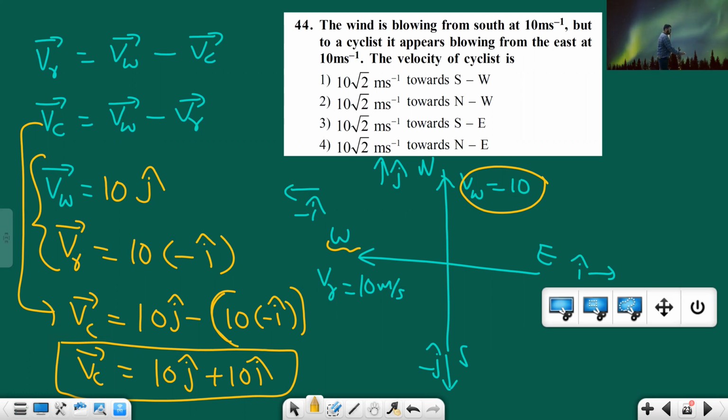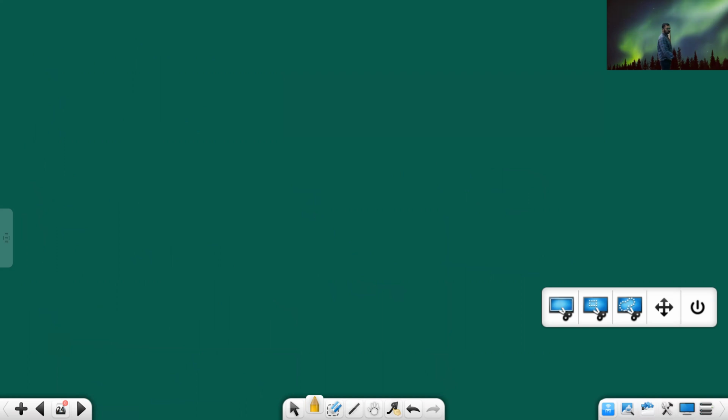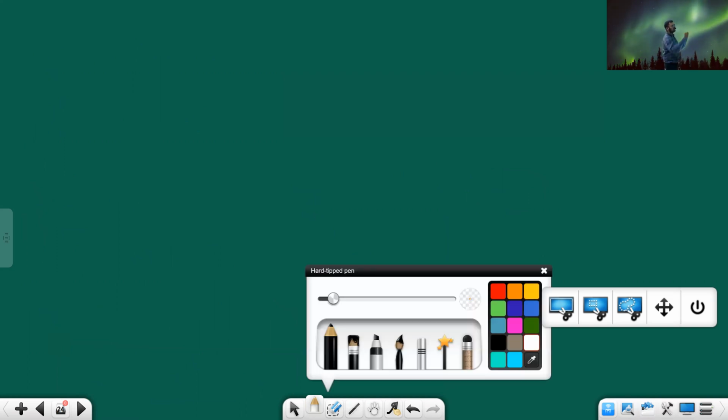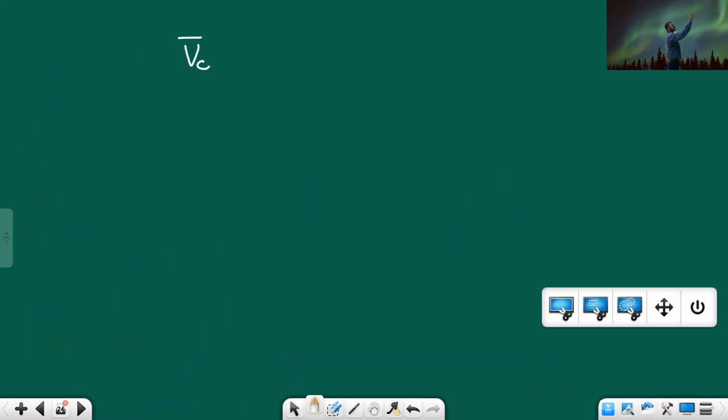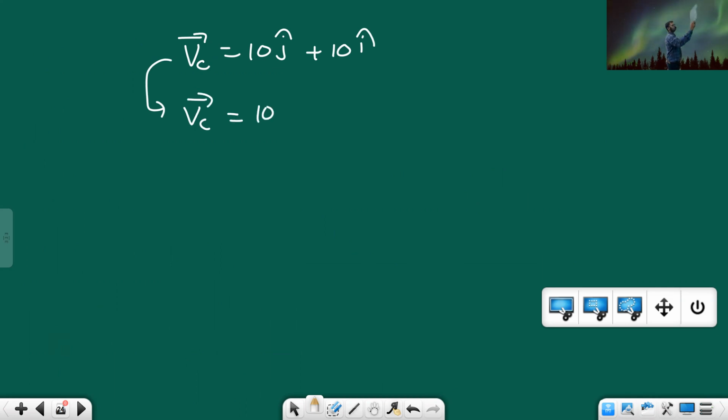So VC bar is equal to 10 I cap plus 10 J cap.